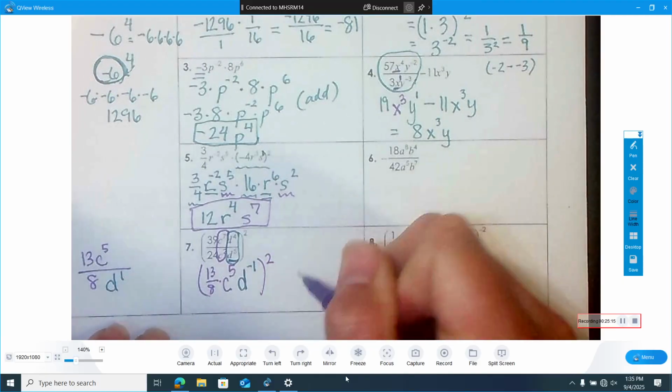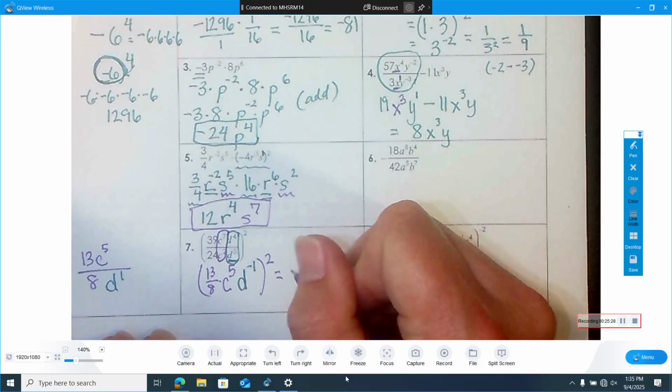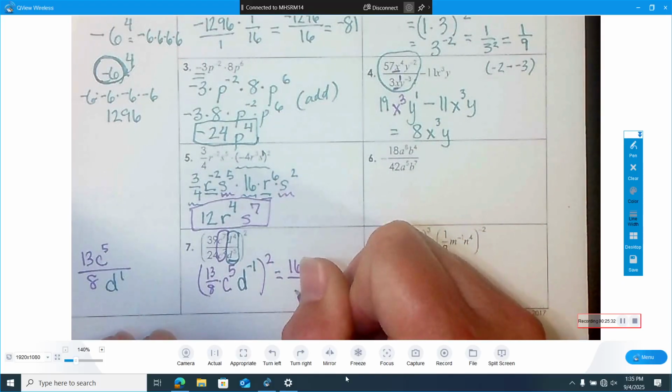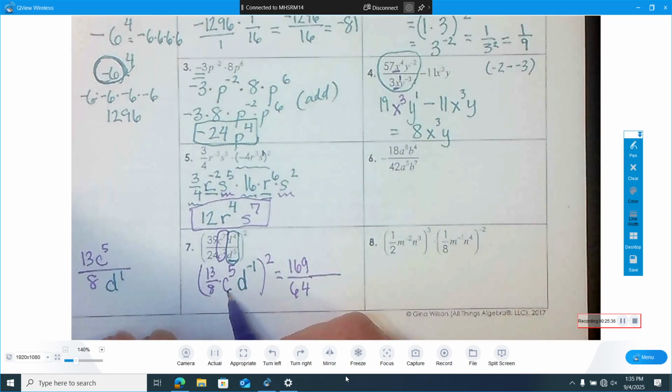This whole thing is still squared. And so I need to square every single thing. So what is 13 over 8 squared? 13 times 13? 169 over 8 times 8? 64. Then we have c to the 5th being squared becomes c to what power?